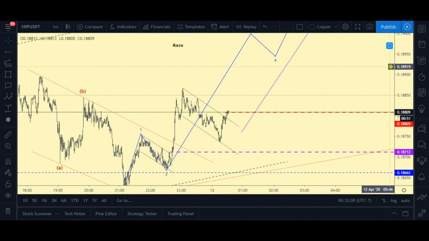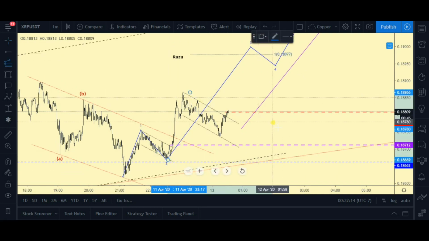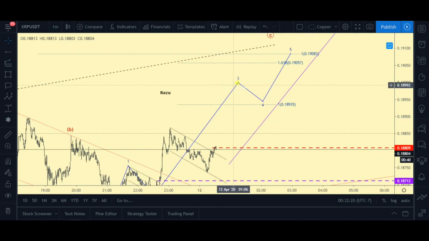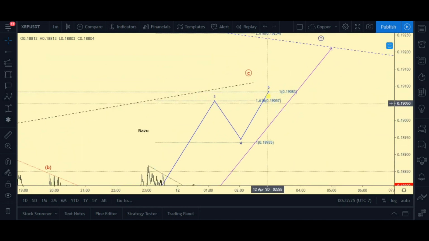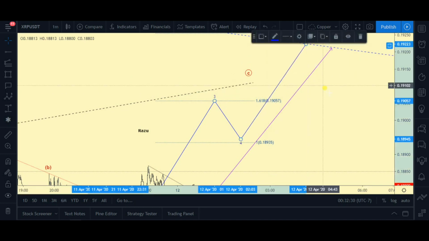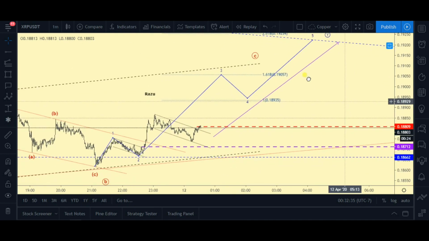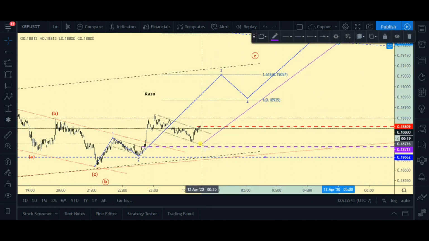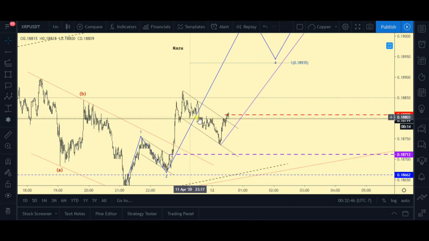So this third wave should end around 161.8 most probably, and the fifth wave could end around here. This is the probable movement which I am looking into right now. So we are expecting this price to move up, so I put on a trade buy here.